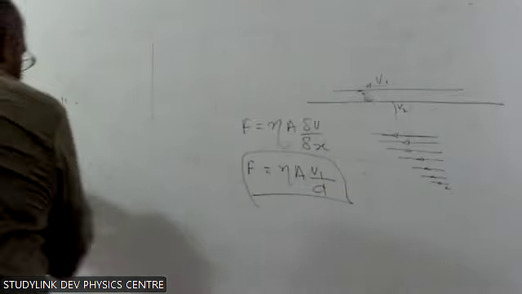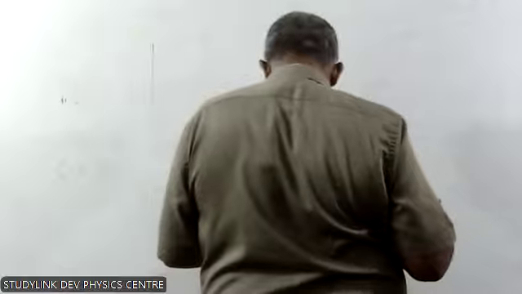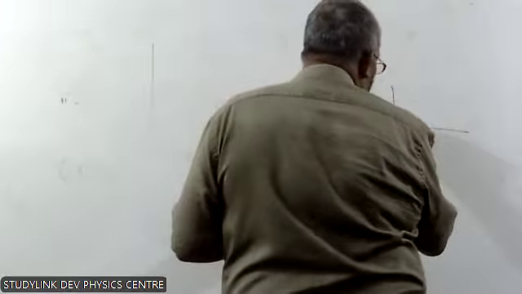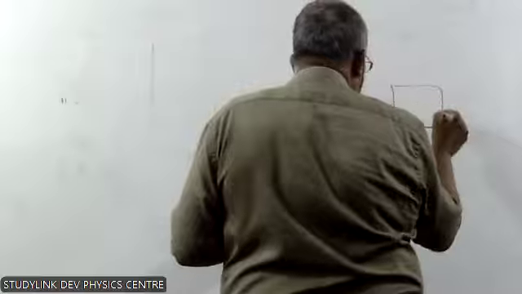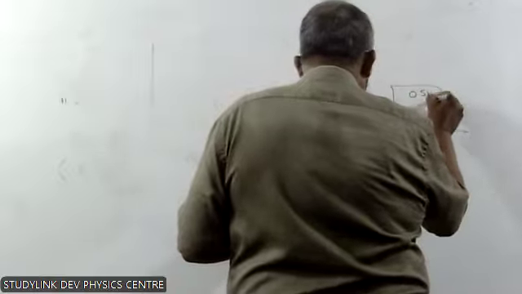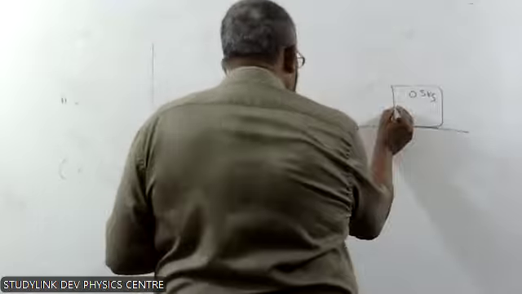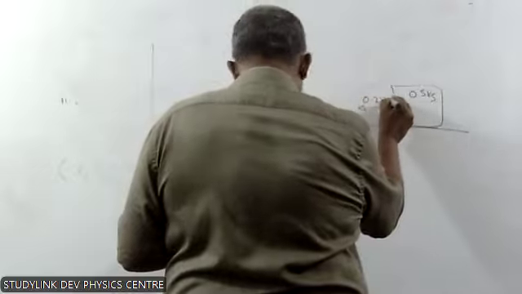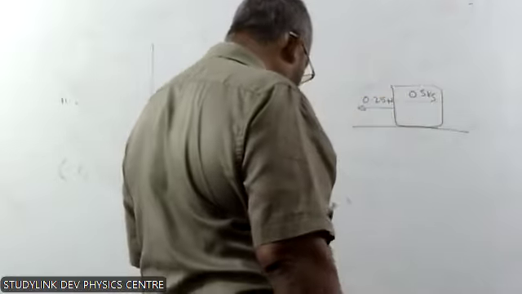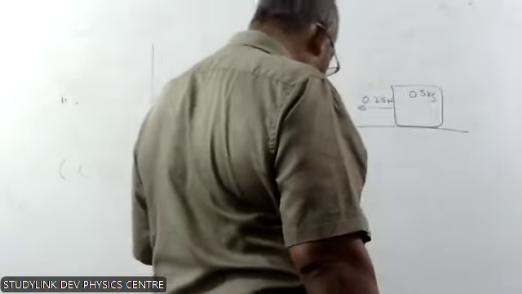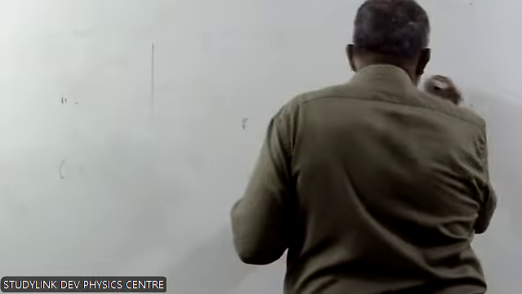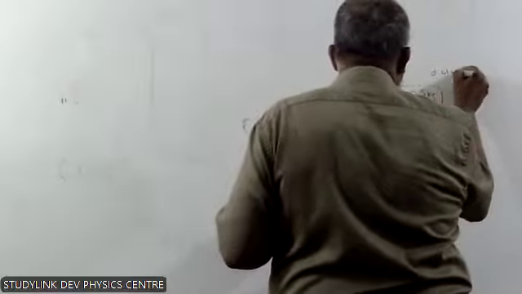I'll draw that part. Second situation, there is a block. Block mass is given as 0.5 kilogram. Then when a horizontal force of 0.25 newton is applied on the block, it attains a constant velocity of 0.01 meters per second.